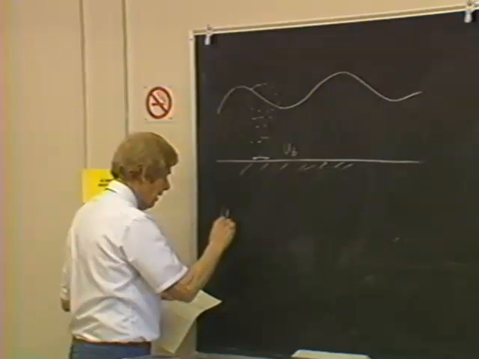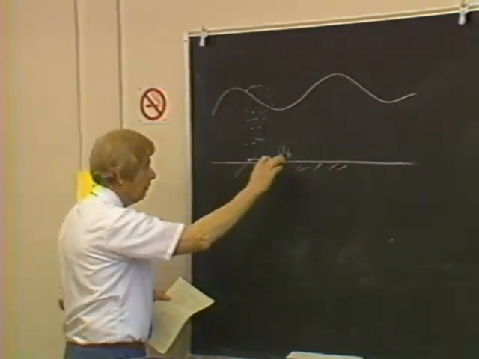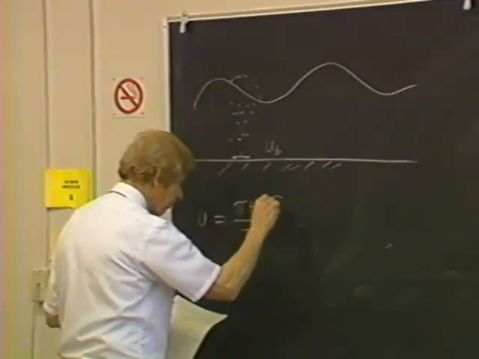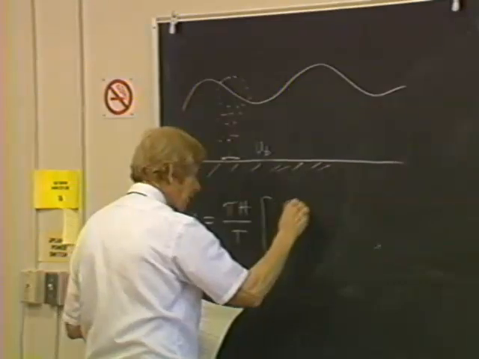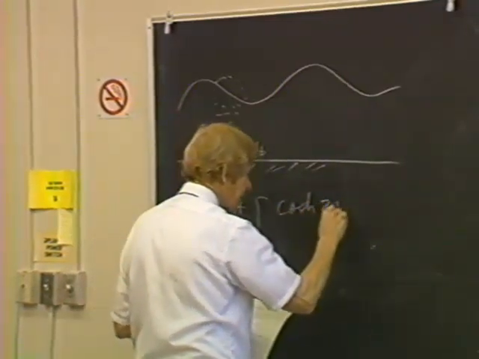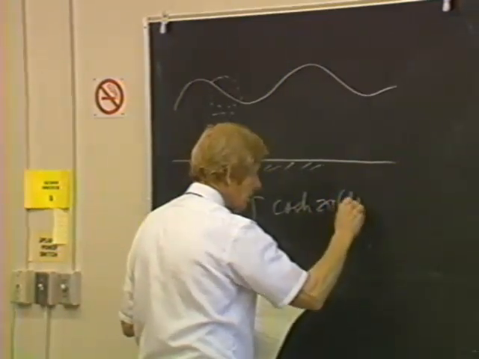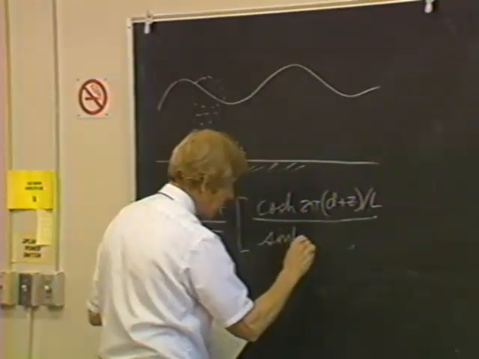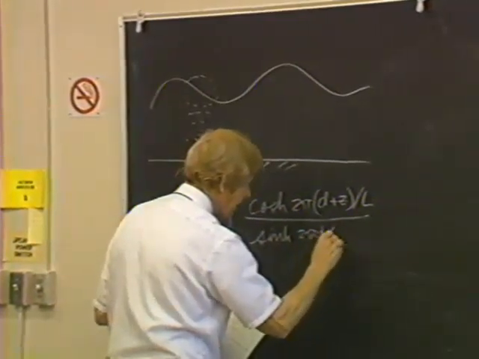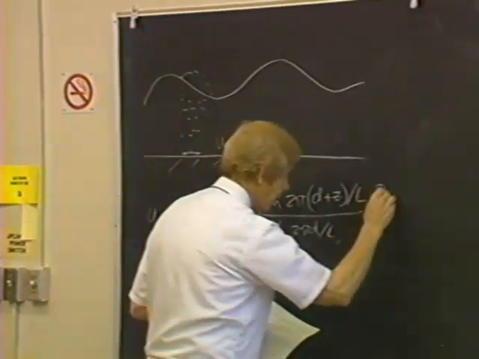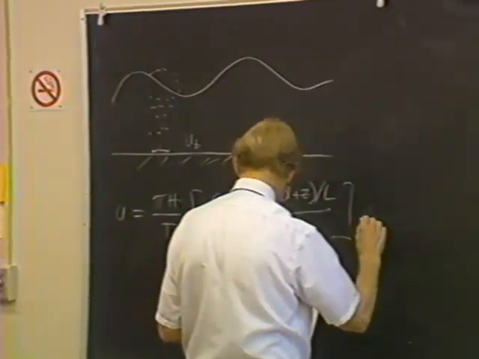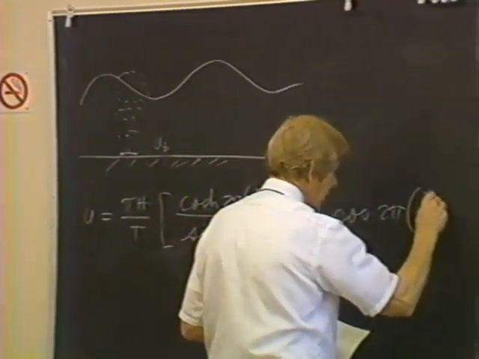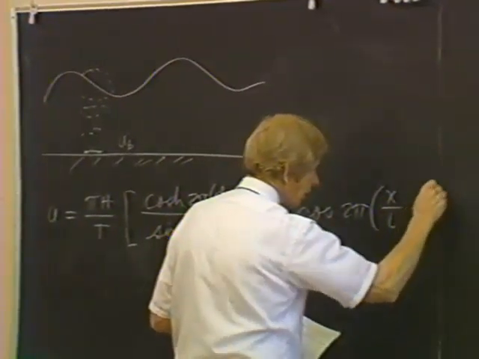Recall for the velocity in the x direction, we have pi H over T times the hyperbolic cosine of 2 pi (z plus d) over L, divided by the hyperbolic sine of 2 pi d over L, times cosine of 2 pi (x over L minus t over the period).